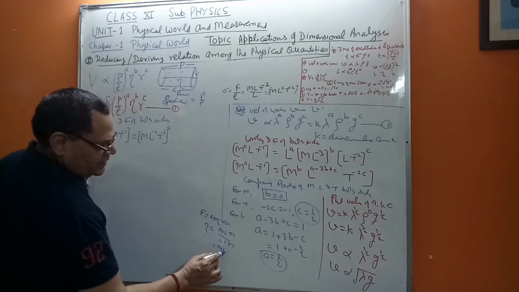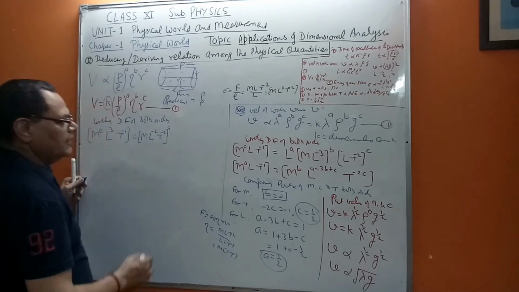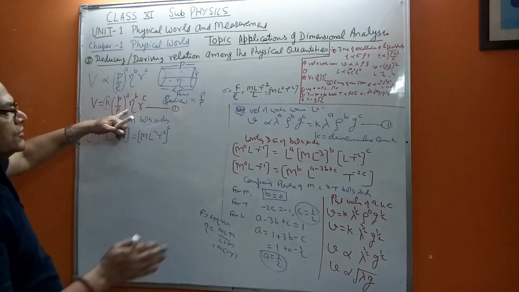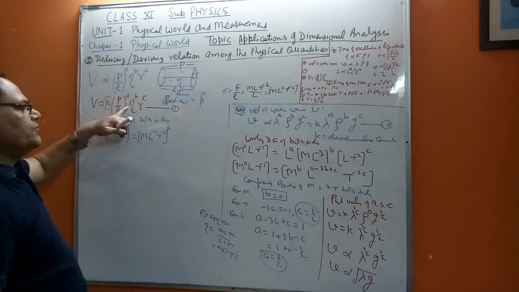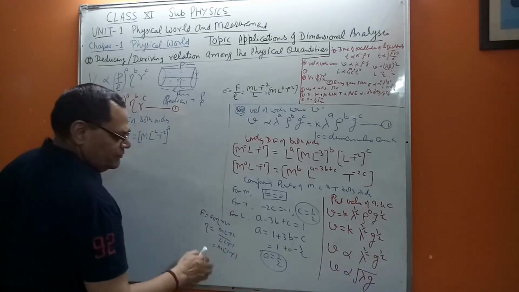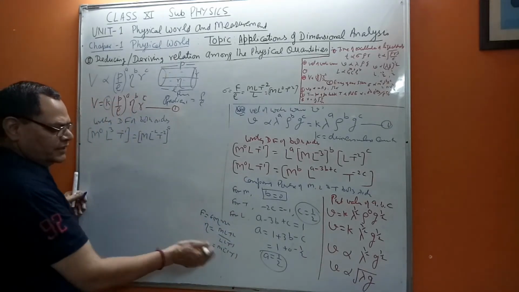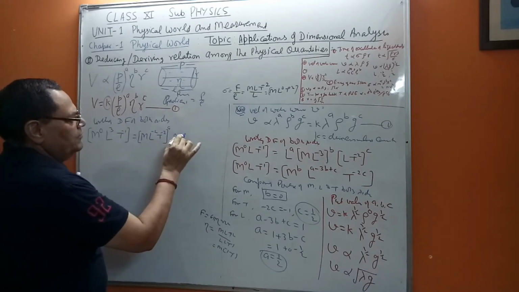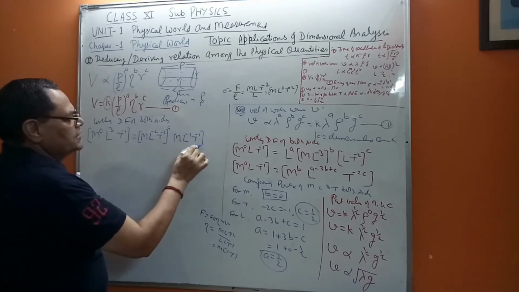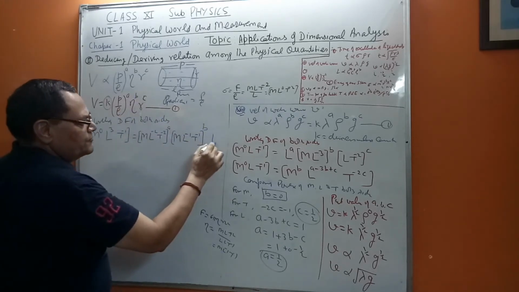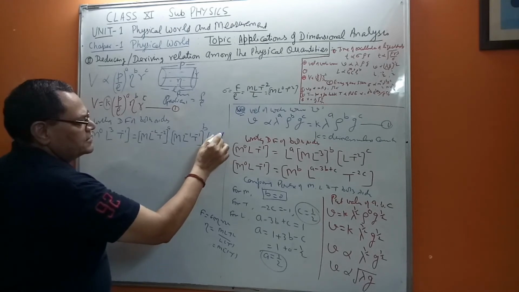So it was M L minus 1 T minus 1. As I told you, as and when we are not directly knowing the dimension formula of any quantity, no problem at all, side by side you can calculate or find it out. So viscosity has dimensions M L minus 1 T minus 1, and here power is b, and radius is of course L, that is power c.